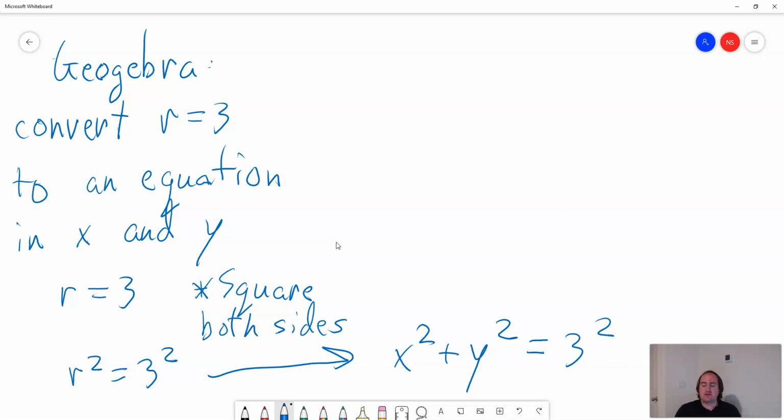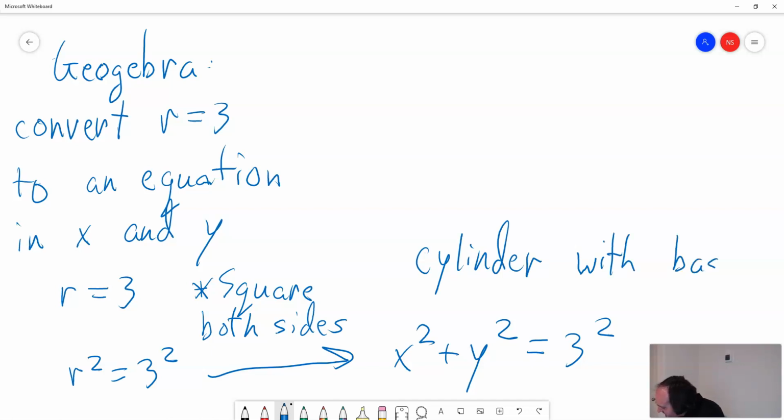But remember, x squared plus y squared equals 3 squared is a circle of radius 3, but because they don't give us z, z goes up and down, so that gives us a cylinder with base of radius 3, where z goes up to positive infinity and down to negative infinity. So this is the equation of a cylinder with base a circle of radius 3.